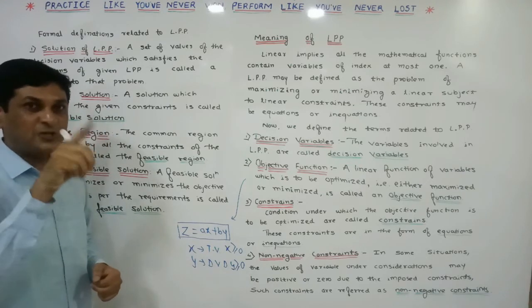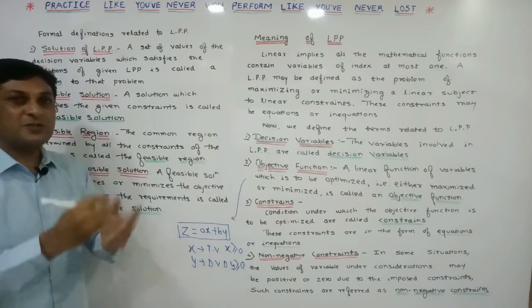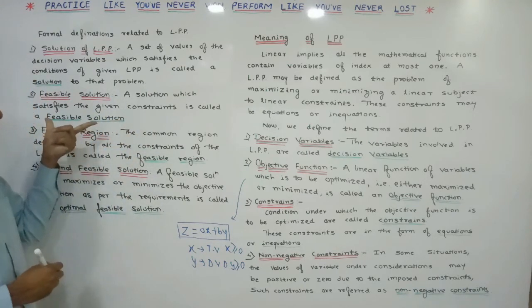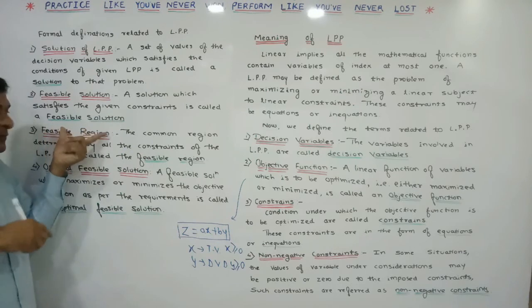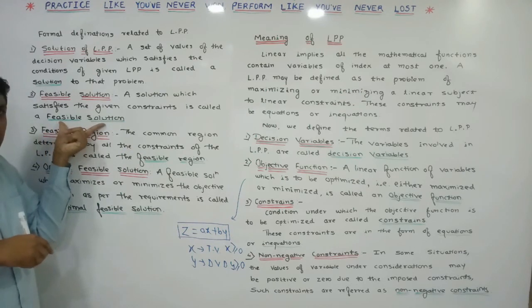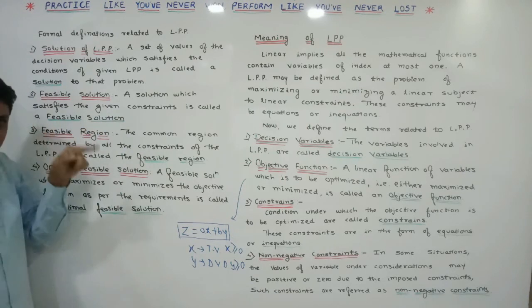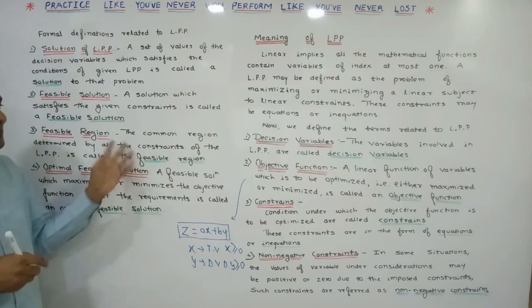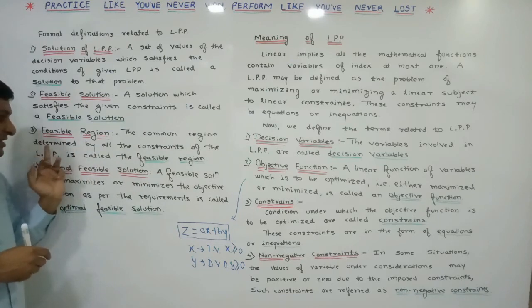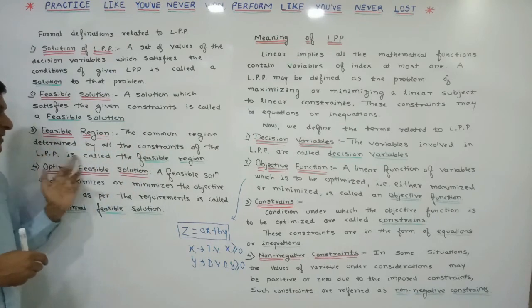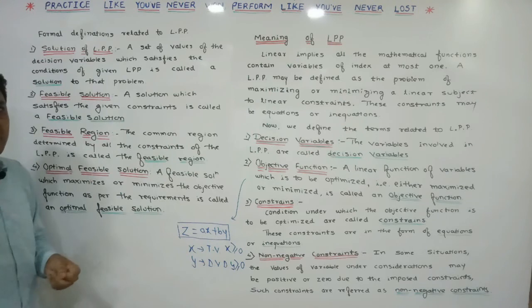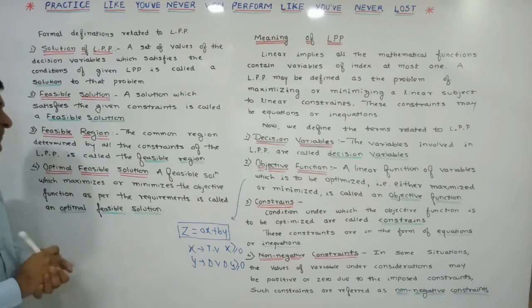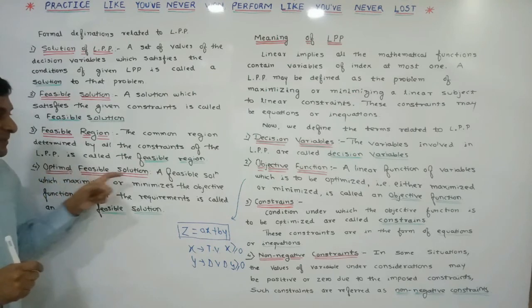The points belonging to that shaded portion satisfy all the given constraints. That region is called the feasible region. The feasible region is the common region determined by all the constraints of the linear programming problem, which we denoted by the shaded portion.